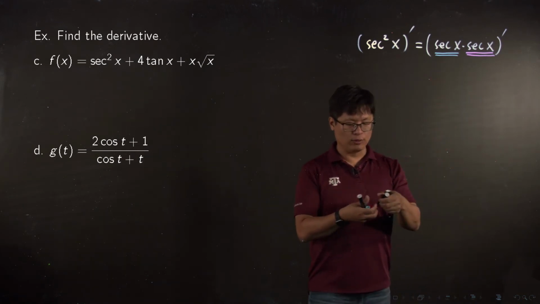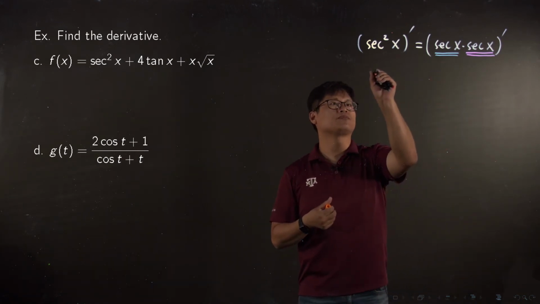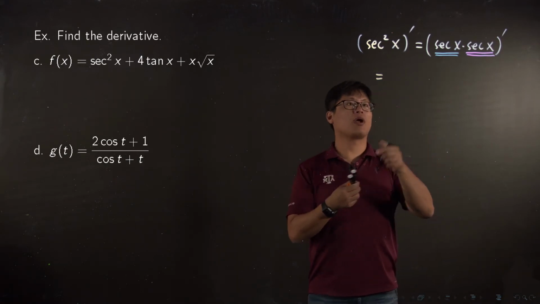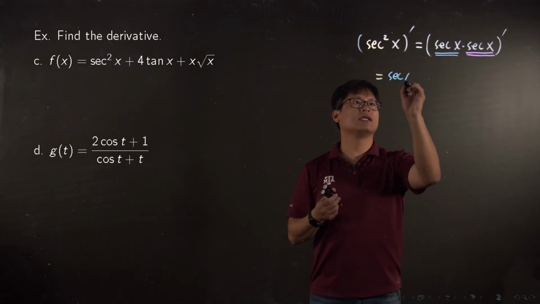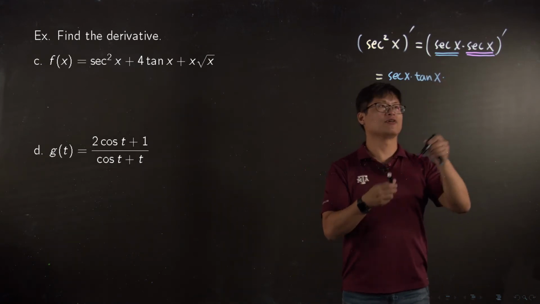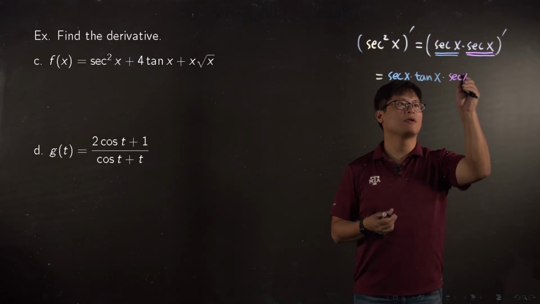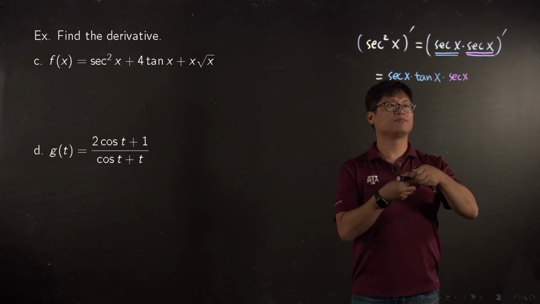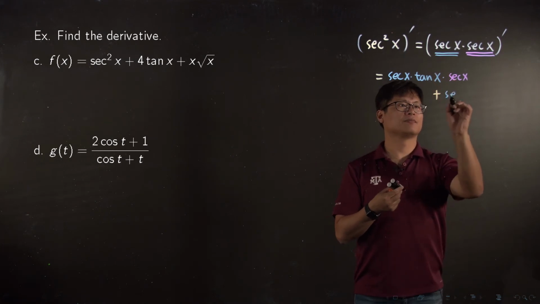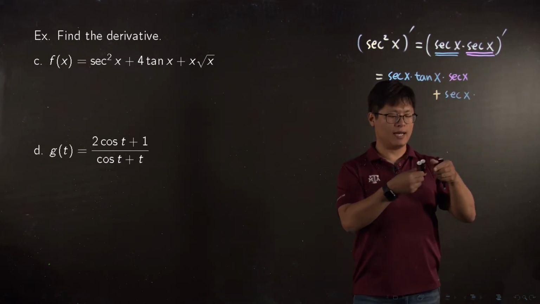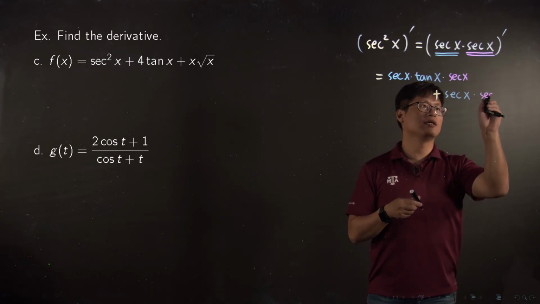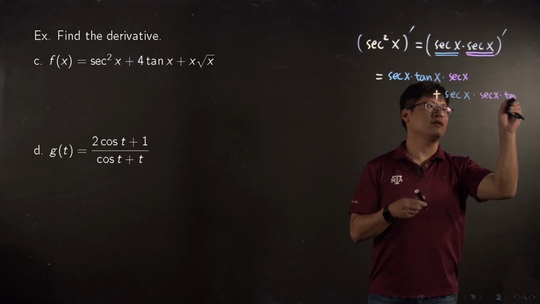It is equal to the first one prime, secant x prime, which is secant x tangent x, times the second function, and then plus the first function, the original one, times the second function prime. The second function, secant x prime, is secant x and tangent x.